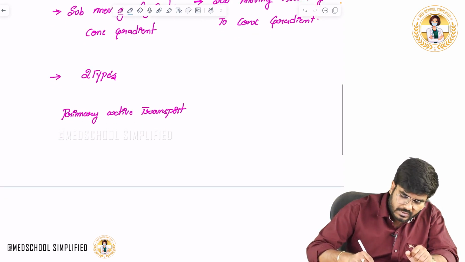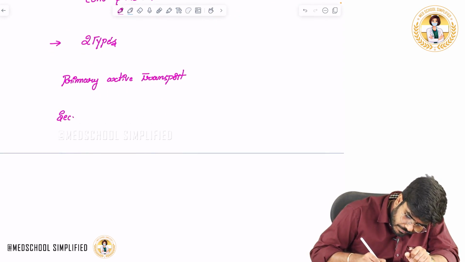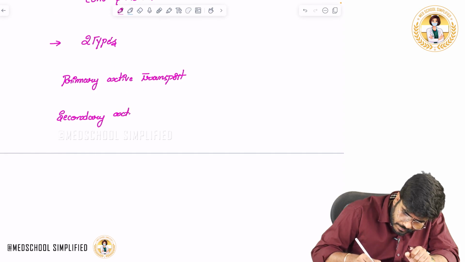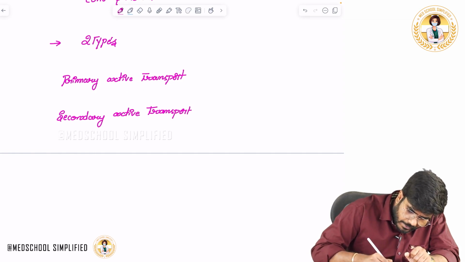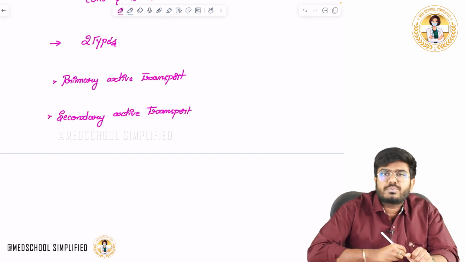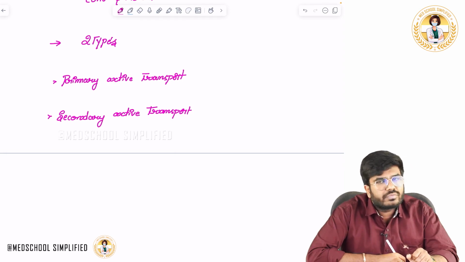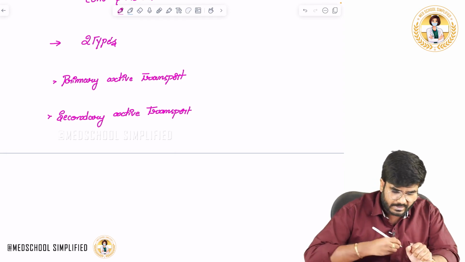Primary active transport and secondary active transport. These are the two types of active transport which we will discuss in a minute.